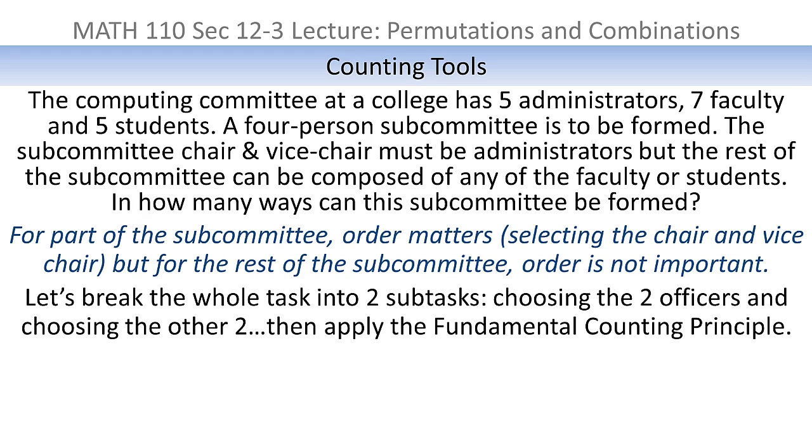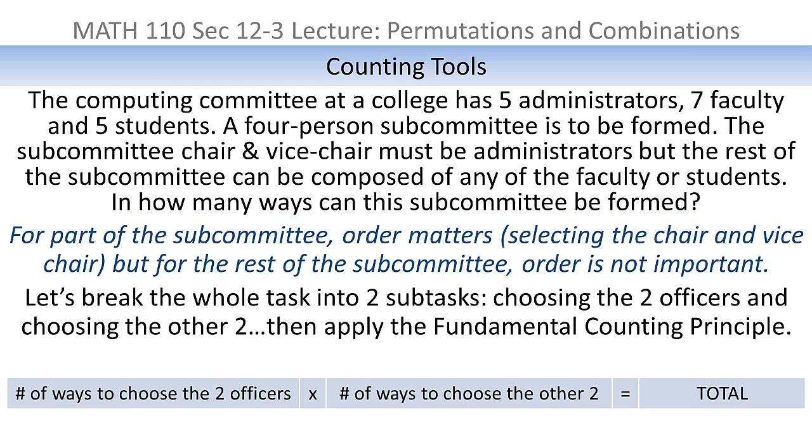So my idea is just to break this whole thing into 2 subtasks. The task of choosing the 4-member subcommittee is broken down into the task of getting the officers and then getting the other 2, separate subtasks. And then I'll apply the fundamental counting principle to get the final result.